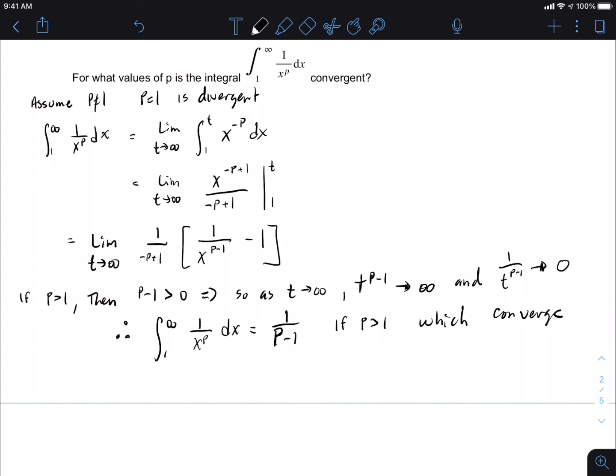Does that make sense? Yes. Okay. So we know that if p is greater than 1, we're going to converge.